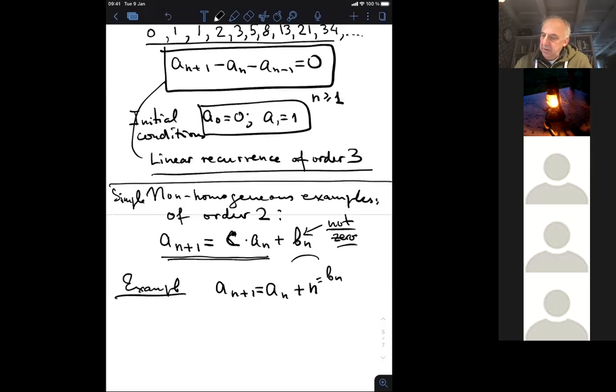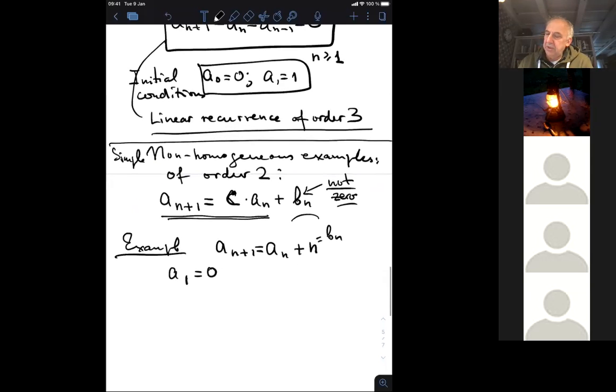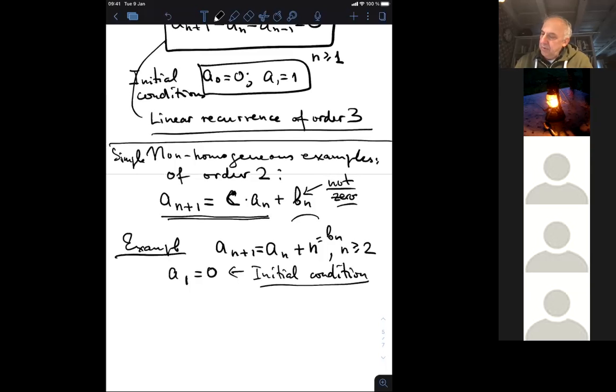Let us start with, say, a1 equal to 0, and then I'll motivate why this example is interesting. So this is the initial condition, and this works for n bigger or equal than 2. So with this relation and this initial condition, the whole sequence of numbers is well defined.